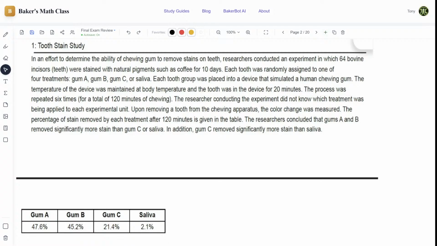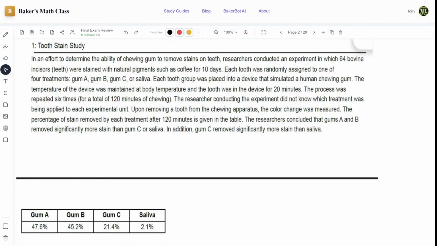We've got cohort, randomized block, matched pairs, or case control. Keywords in the problem: it says each tooth was randomly assigned. So they took 64 teeth and just randomly assigned them. So it's a completely random design.